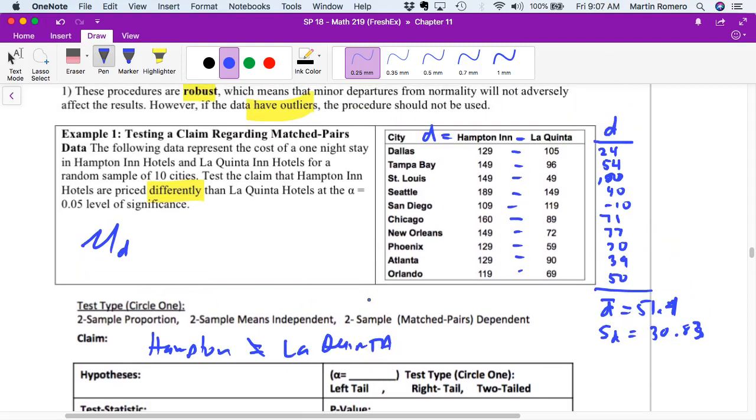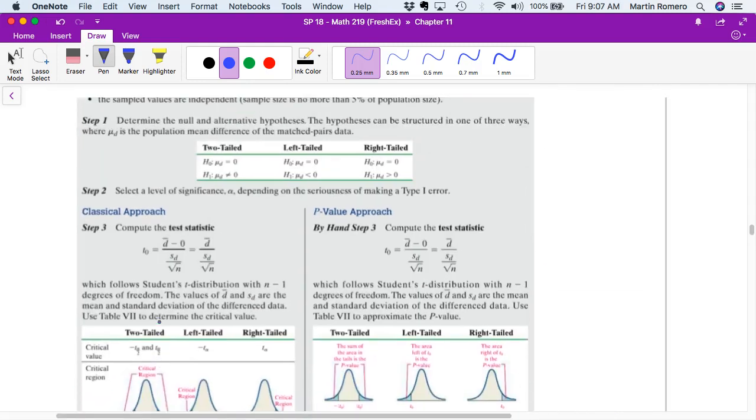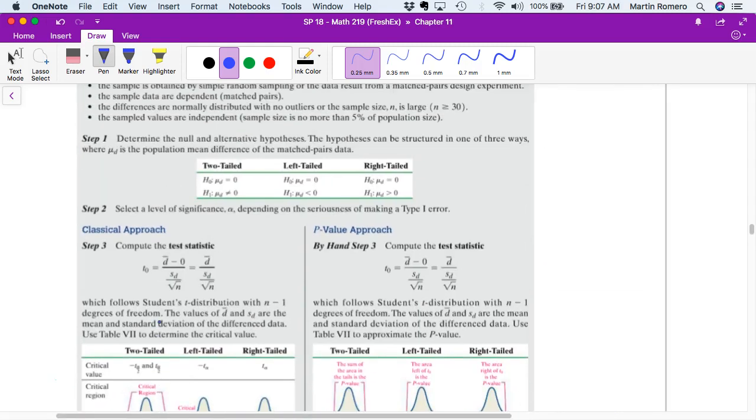And so what hypothesis we write, if you go back to the note sheet up on top, how they're written, this is what we have. These are our ways that we're going to do our null hypothesis.